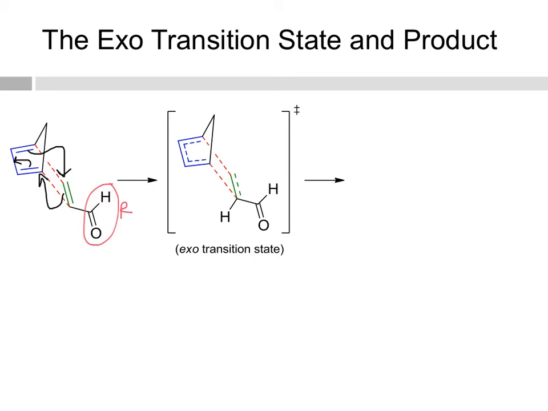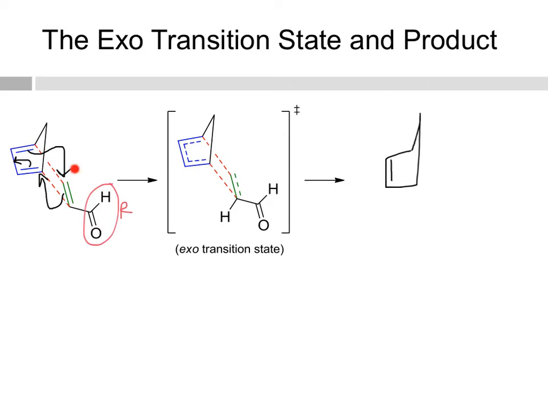When I draw the final product, I'm going to first just draw it exactly as it is here, with the new bonds being made and the bonds that are being broken. So I've got this cyclopentadiene, I've got a new pi bond that I've made, and I've got that from this arrow here. I've broken these 2 pi bonds, so that's alright. I've got sigma bonds here.